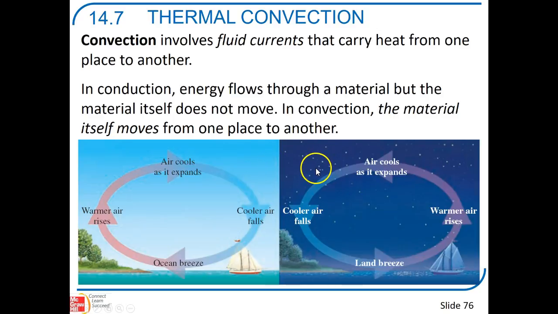This just involves some fluid currents, and they carry heat from one place to the other. So in conduction, energy flows through the material, but in convection, the material actually moves itself from one place to the other. So if you live near the coast, you get an ocean breeze that cools the coast. The air warms, it expands, and then it rises and cools, and when it falls, it then goes through that cycle again.